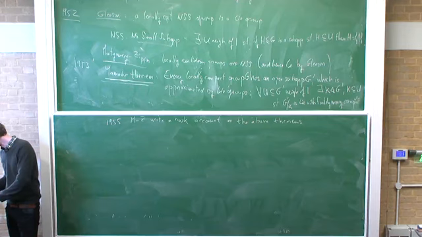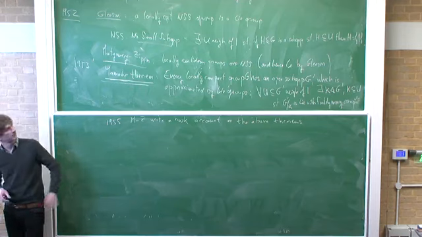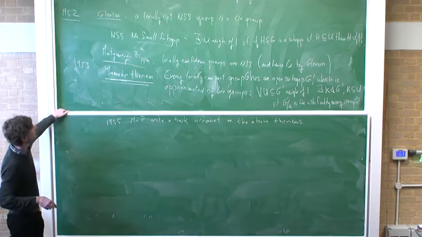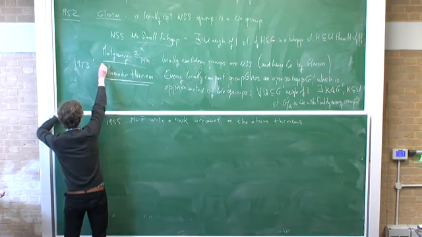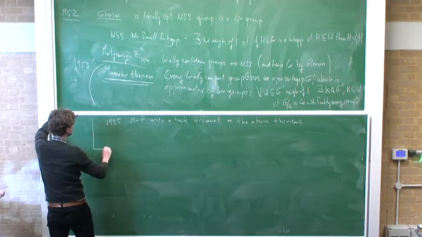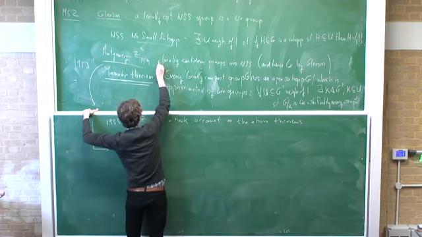Right, there's one more thing I wanted to say about Montgomery and Zippin. They show that locally Euclidean groups are NSS. That's maybe statement 1.